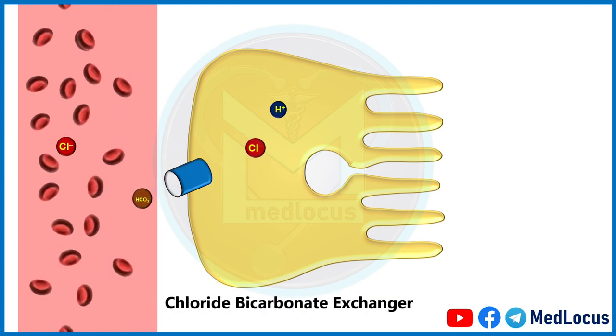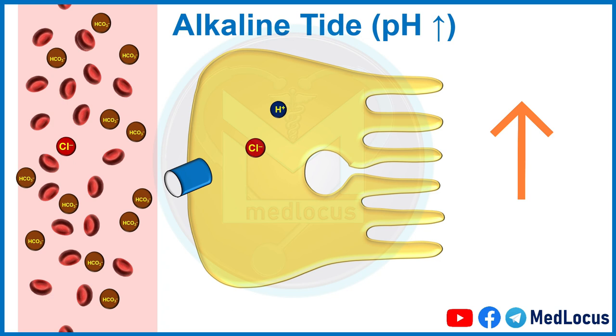This increases the intracellular level of chloride ions. Excess bicarbonate ions in plasma result in a slight elevation of blood pH, which is known as alkaline tide. This is just a temporary process, and pH is again restored to normal by maintenance of acid-base balance.